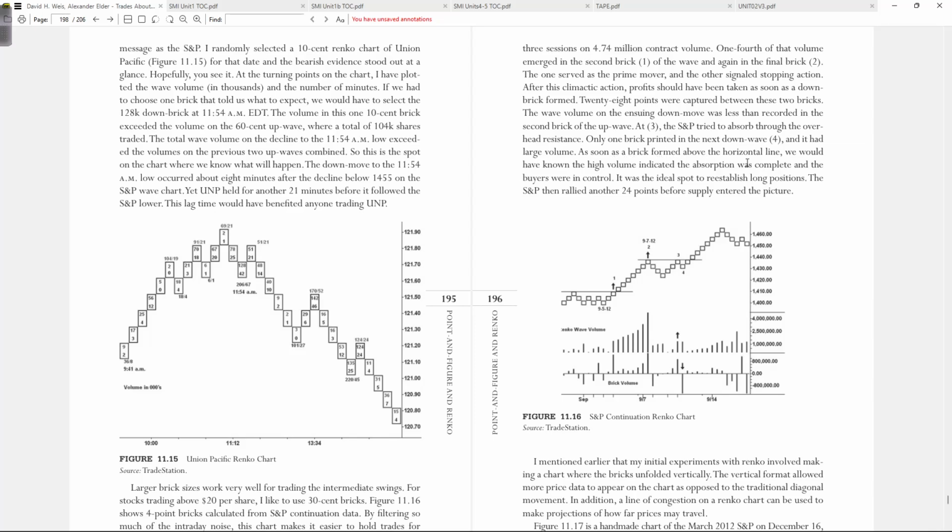As soon as a break formed above the horizontal line, we would have known the high volume indicated the absorption was complete and the buyers were in control. It was an ideal spot to reestablish long positions. The S&P then rallied another 24 points before supply entered the market.